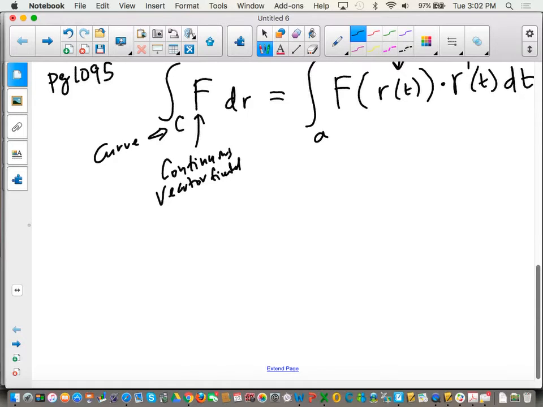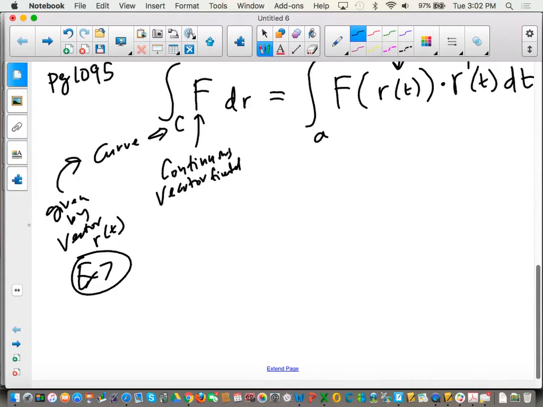Okay, so this curve is given by vector r of t. So this will make more sense when we do an example. We're going to do example 7 on that page.